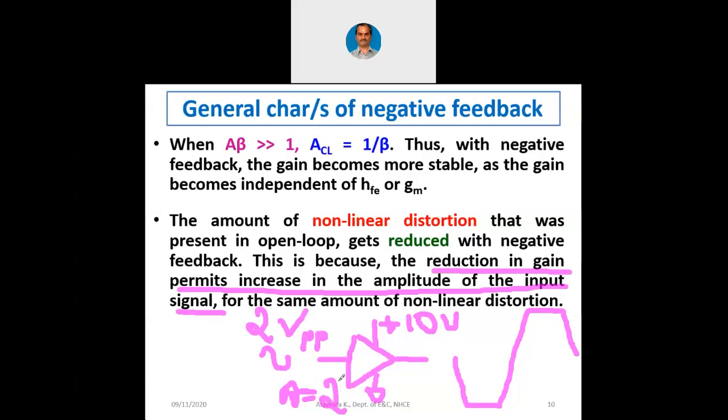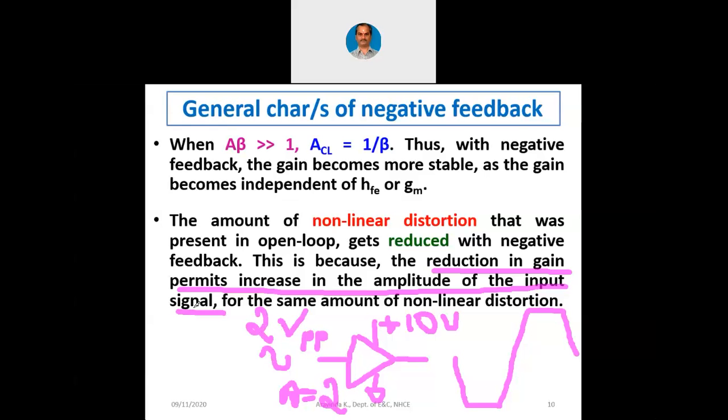When the gain becomes lesser, input can be up to 5 volts peak to peak now. Earlier it was only 1 volt peak to peak, now the input can be up to 5 volts peak to peak because 5 into 2 is 10. So the amplitude of the input signal is increased.